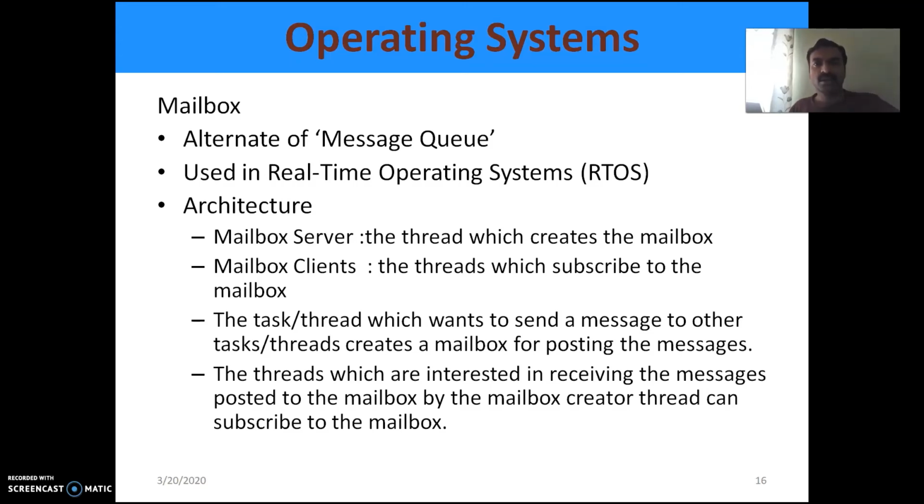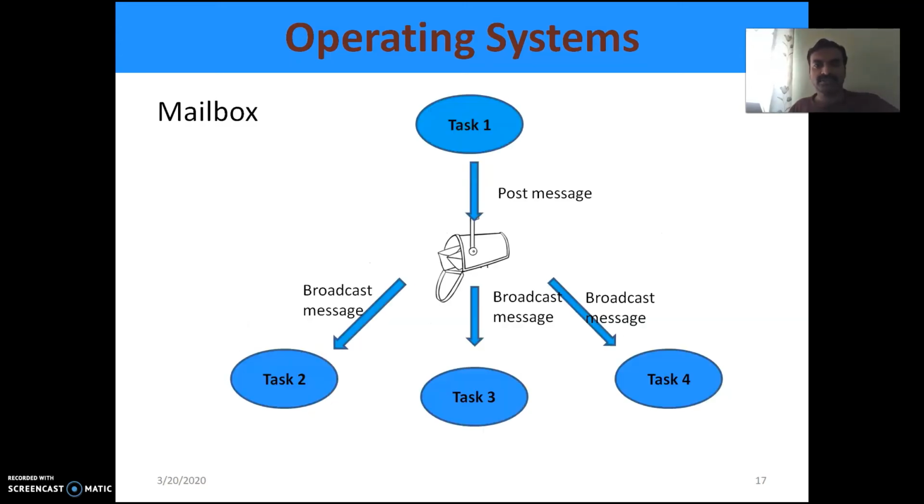Now let's see how it functions. Here we can see the basic mailbox working. We can see a task 1 which has created a mailbox, and task 2, task 3 and task 4 can subscribe to this mailbox.